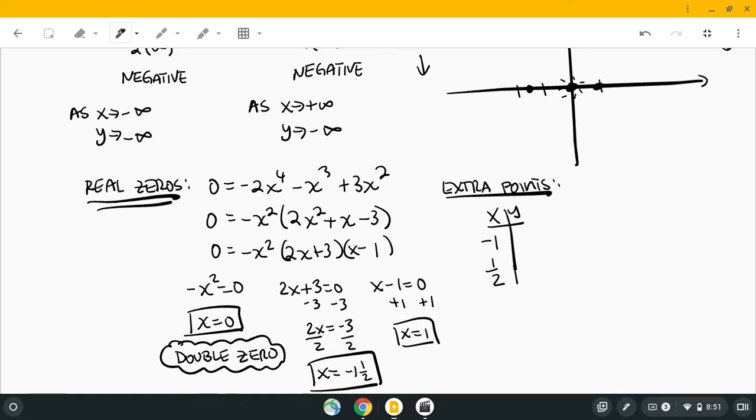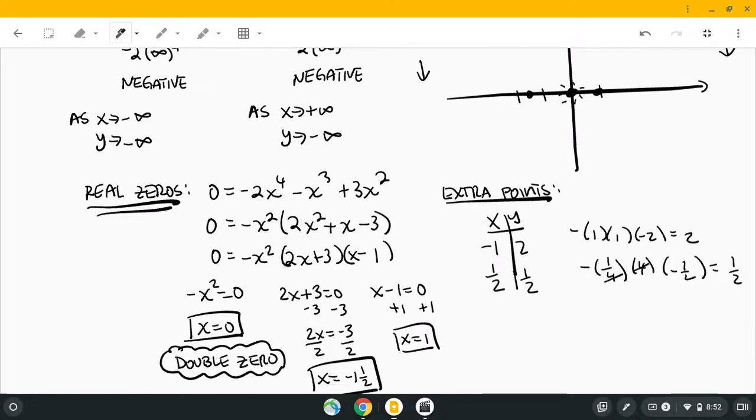All right. So when I plug in negative 1, I get negative 1 times 1 times negative 2. And that will give me positive 2. When I plug in 1/2, I get negative, and then I get 1/4, and then 4, and then negative 1/2. These cancel out. So this will give me positive 1/2.